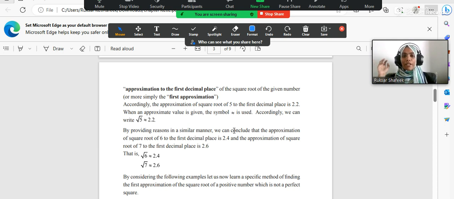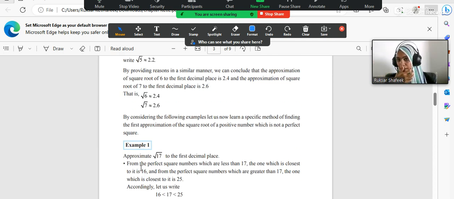But let's say, for example, somebody asks you to find the square root of 17. Now 17 is not a square number. So how would you find the square root? What is the value? So approximation is basically like a guess or the closest number. Not the exact one, but an approximate value. So how do we do this exactly?